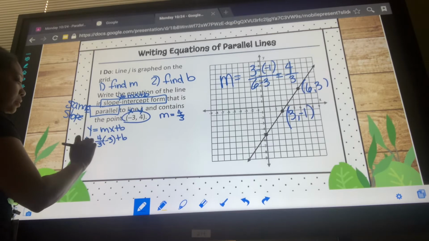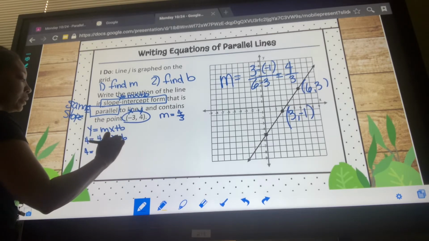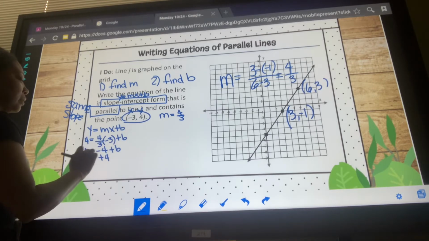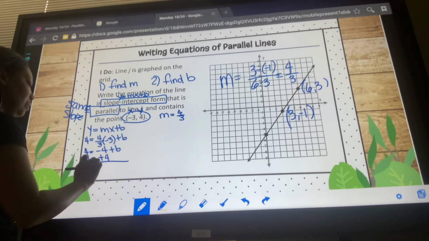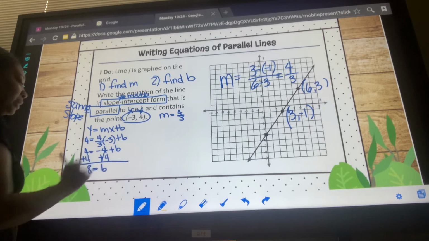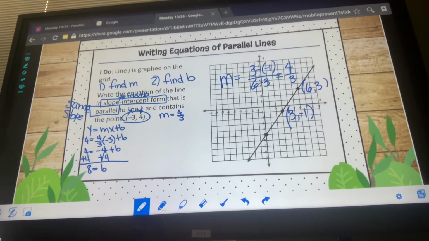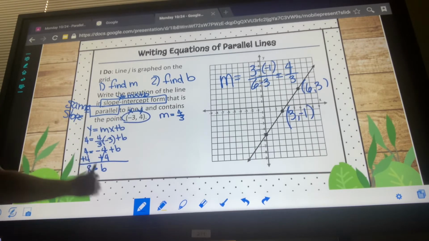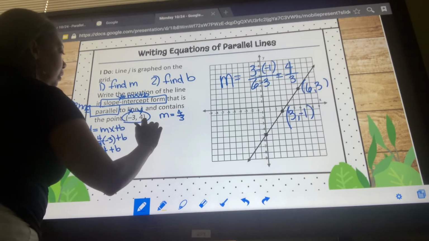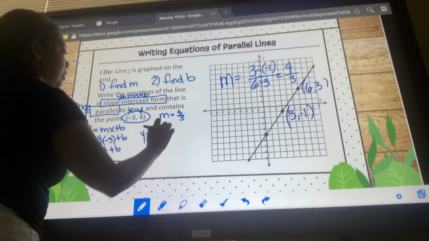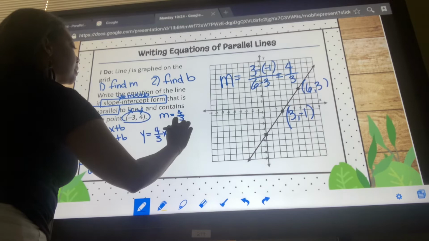Now solve it. Multiply this, and we get a -4 plus b. Add 4 to both sides, and we get that 8 equals b. Now that I have that, I can write my equation in slope-intercept form because I have an m and a b. So I end up with y equals 4/3 x plus 8.